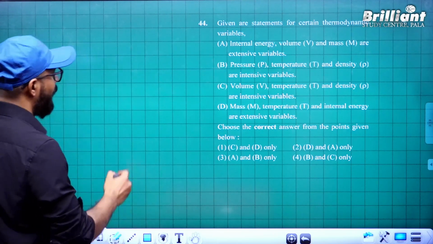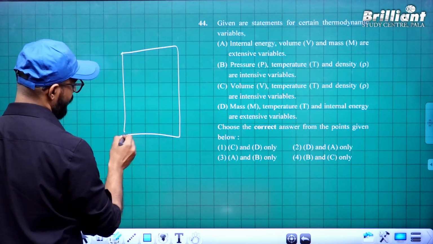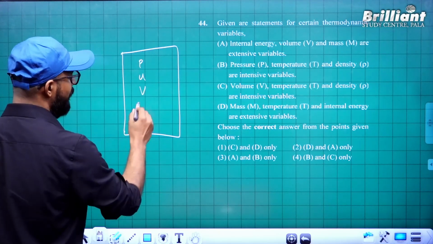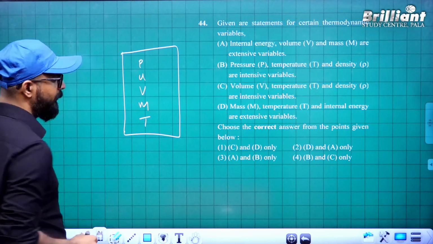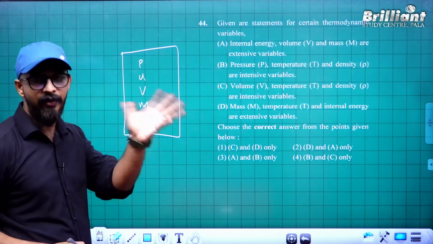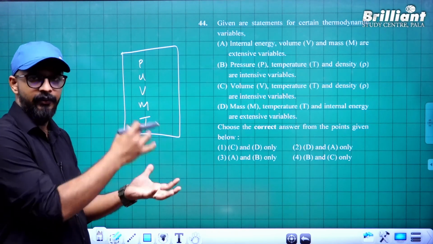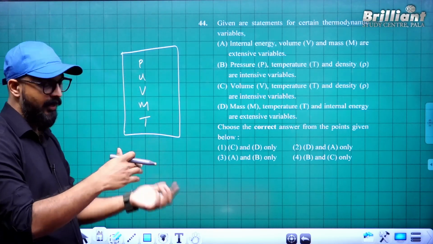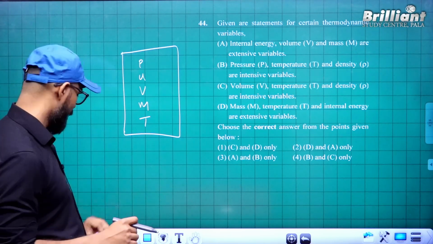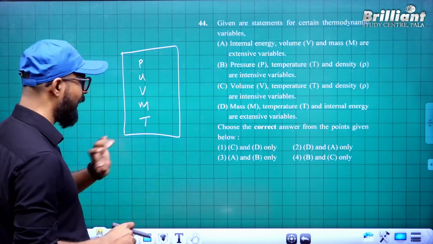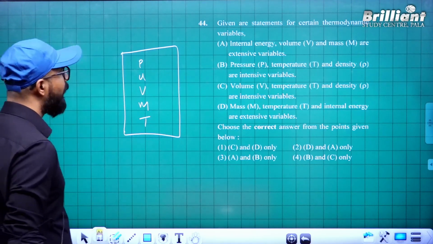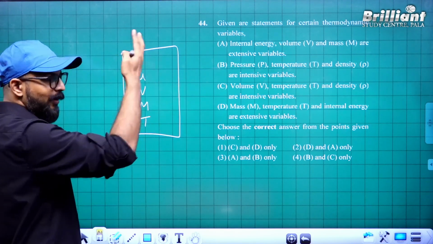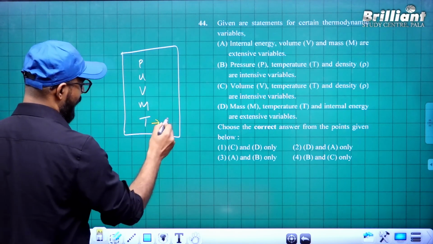For example, if you take pressure, internal energy, volume, mass, and temperature, if I cut the system into half, if I take it in a container which has definite pressure, internal energy, V, M, and T, and I cut it into half, which of the following quantities will become exactly half? Let's check. Let's start with the temperature. If I take the quantity half, will the temperature change? It will remain the same.